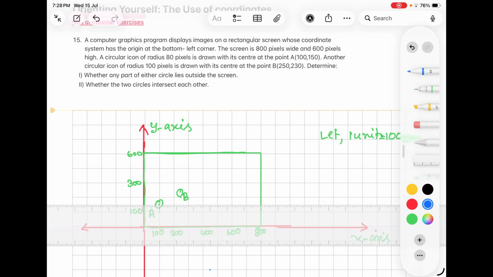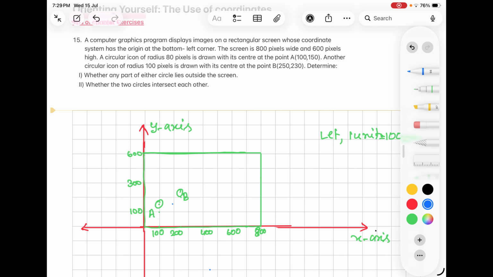So 0.8 is here. Okay, so point A, and we have to create a circle like that way.